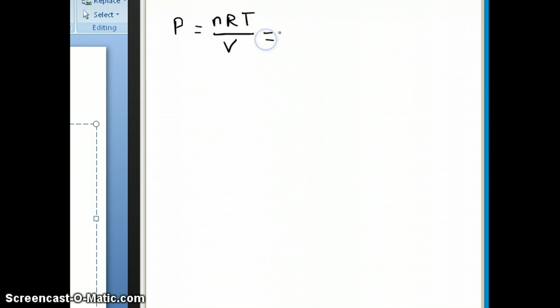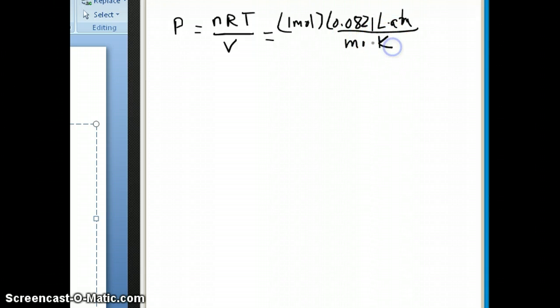And if I substitute all of these numbers in here, which is 1 mole, R in this case of course is pressure volume, so we're going to use this value right here, 0.0821 liter atmosphere per mole Kelvin, and then we have our temperature, which is given as 82 degrees Celsius, and that's equal to 355 Kelvin. And lastly, we have our volume, which is 35 liters.